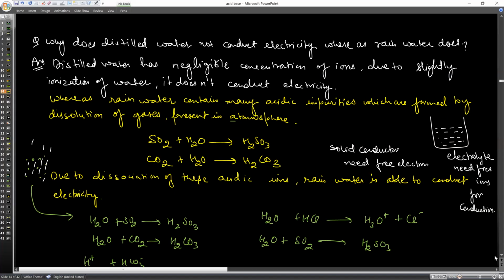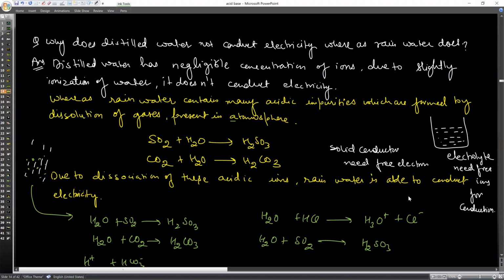Similarly, in an electrolyte: for example, if we add a liquid, we call it an electrolyte. If I have this jar and I add HCl to it, it becomes an electrolyte. If I have pure water and I add copper sulfate to it, it dissociates into Cu2 positive and SO4 negative, and then we call it an electrolyte. So in electrolytes, ions are responsible. An electrolyte needs free ions for conduction.